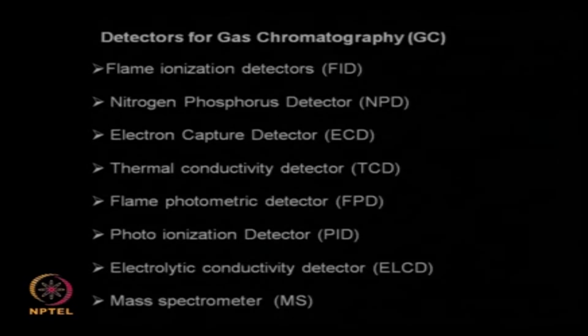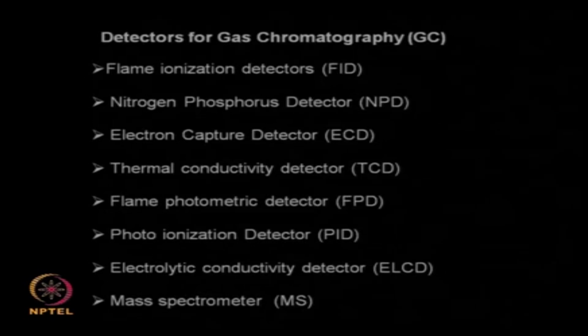If you go to a gas chromatograph, then again you have several other detectors. We have the flame ionization detector, that is called the FID. We have nitrogen phosphorus detectors, electron capture detectors, thermal conductivity detectors. So, if a component flows and it changes or affects the thermal conductivity of your standard or the base material, you will get a response.